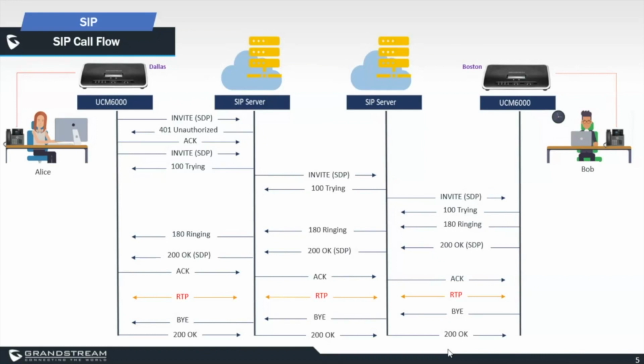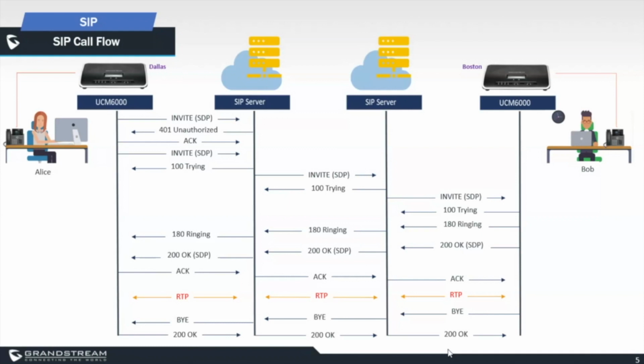So they want you to send the ACK to a different IP address. I'm going to go through this in more detail in the next slides, and also when we go through the packet captures.